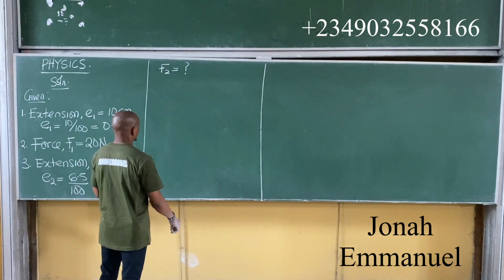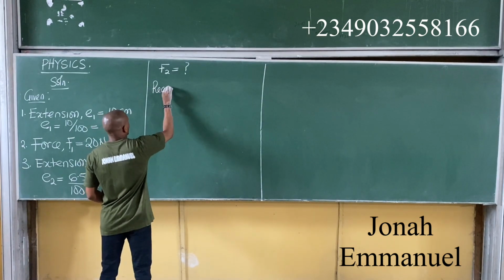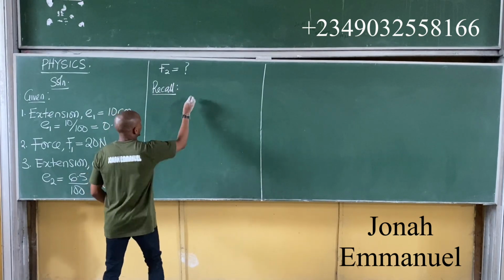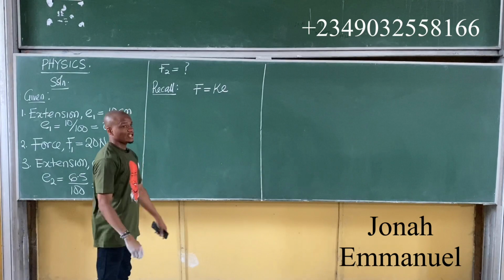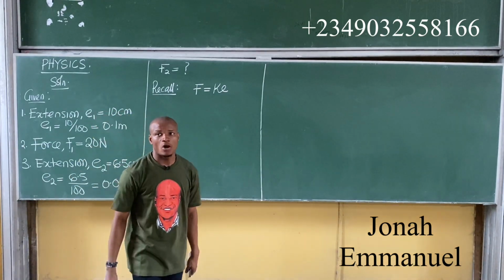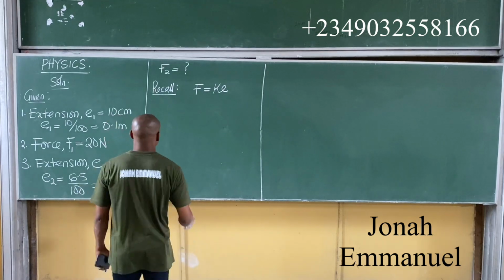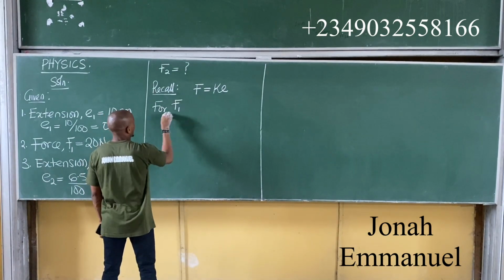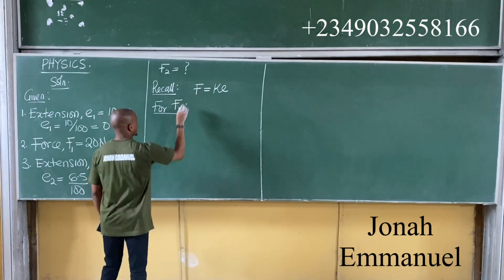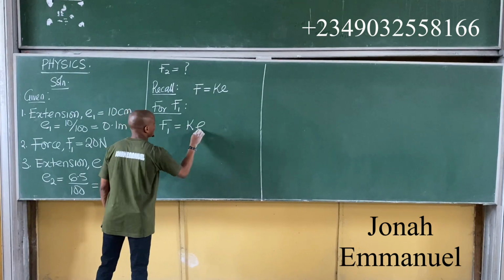From Hooke's law, F is equal to KE. K is the spring constant, the stiffness of the spring. For force 1, F1 is equal to K times E1.